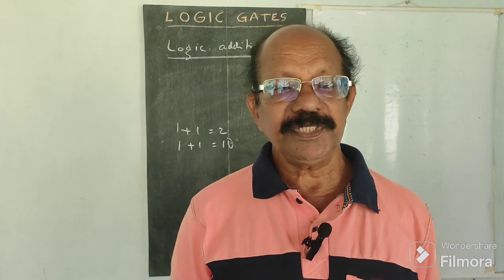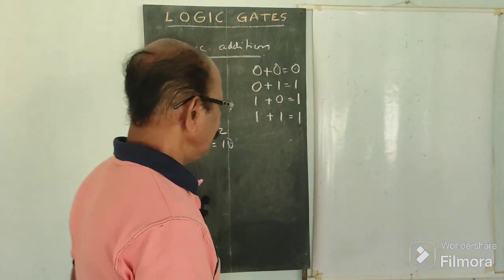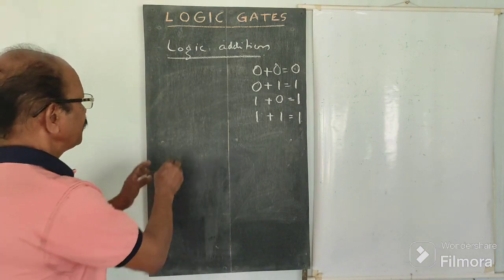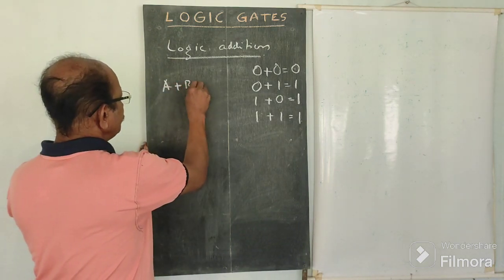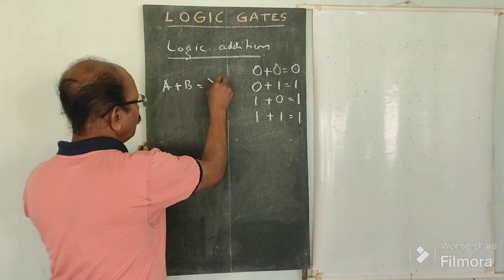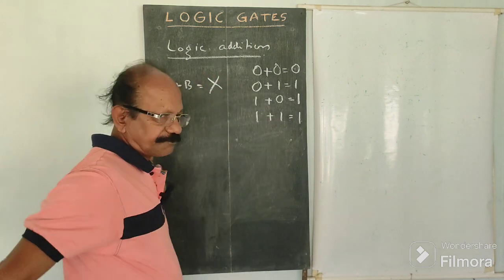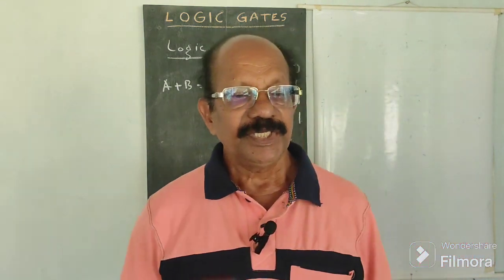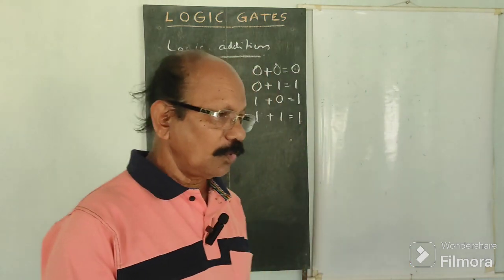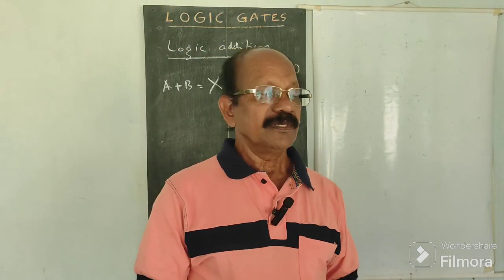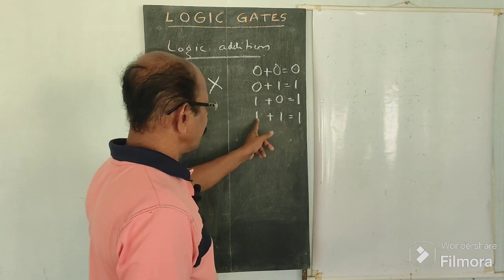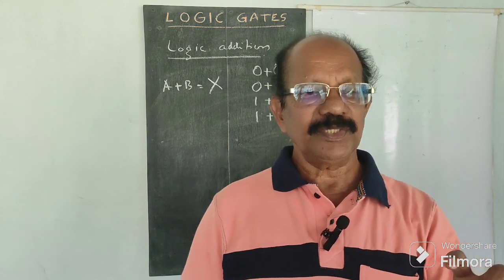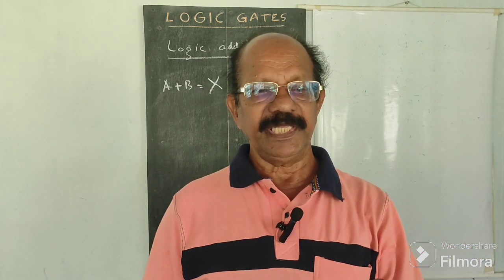already given. In logic algebra, A plus B is equal to Y, or I am giving here X. It means that if A is true or B is true, where true means 1 and false means 0, then X will be true.